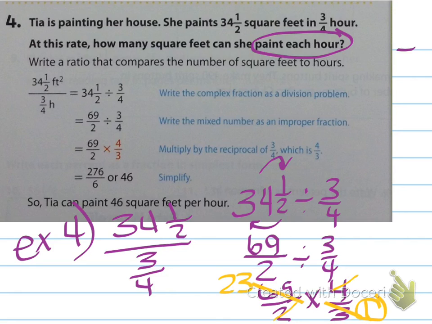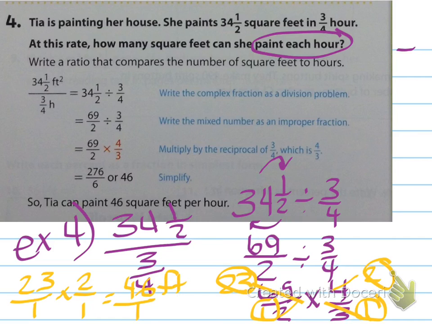The 4 and the 2 can also be simplified. So that will be a 2 and a 1 now. And so now I'm doing 23 over 1 times 2 over 1, which is going to be 46 over 1. So 46 square feet in 1 hour. Because we're looking for that denominator.